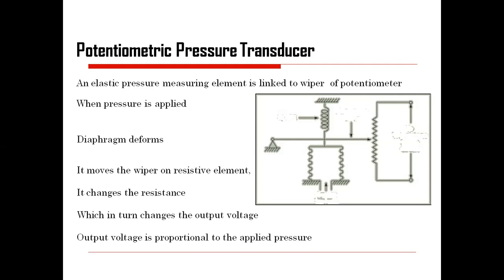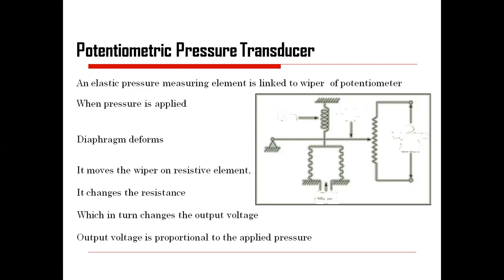So it consists of a spring, bellows, a hinge, and a potentiometer. A cantilever beam is also provided, and bellows is also similar to a spring, and at the upper end, we are also having a spring.